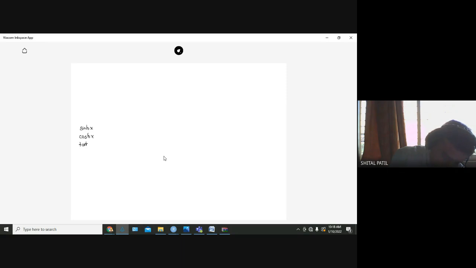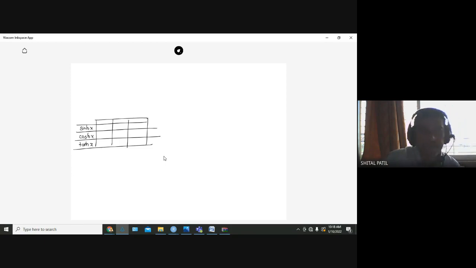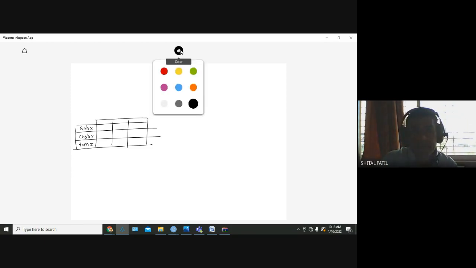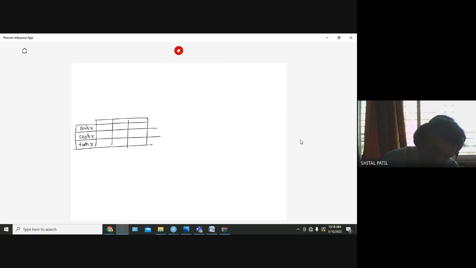Just 1 minute. Tan hyperbolic of x. So these are the values. For sine hyperbolic, we already obtained the values: minus infinity, 0, infinity.